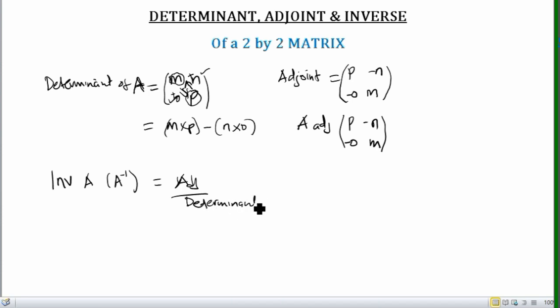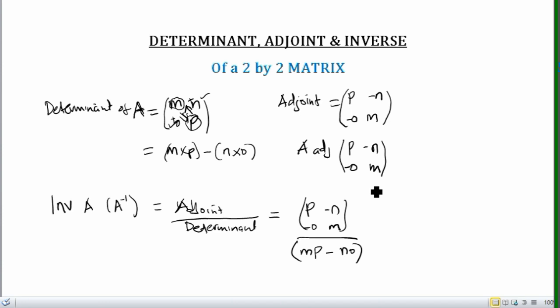The adjoint is P, negative N, negative O, M, divided by the determinant, which is MP minus NO. So this is how you calculate the determinant, the adjoint, and the inverse.